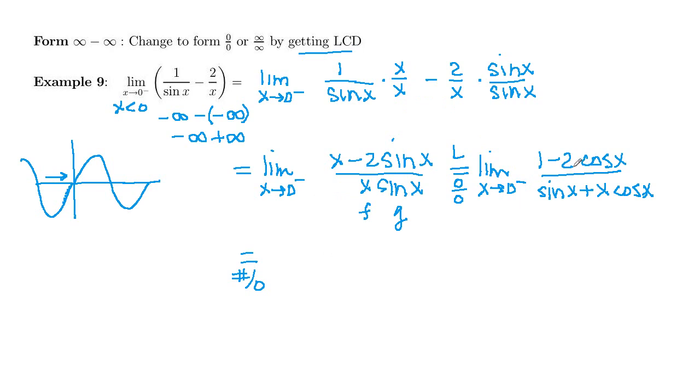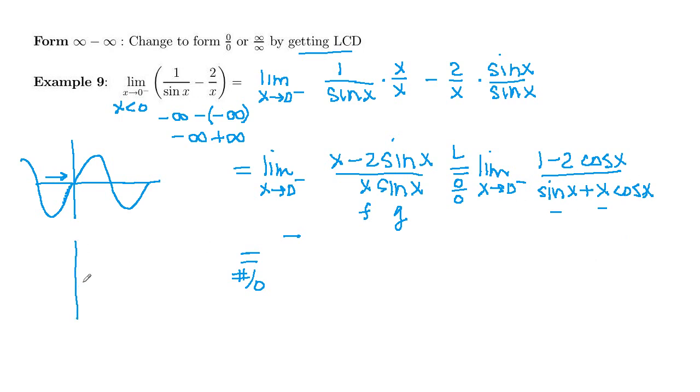So in the numerator, we've got 1 minus 2 cosine. Oh, numerator is approaching negative 1, right? 1 minus 2 times 1. So the top is going to be negative. And then the bottom, sine x here, as x approaches 0 from the negative, sine x comes to 0 from the negative, so that piece is negative. Our x here is negative. And then what about cosine x?